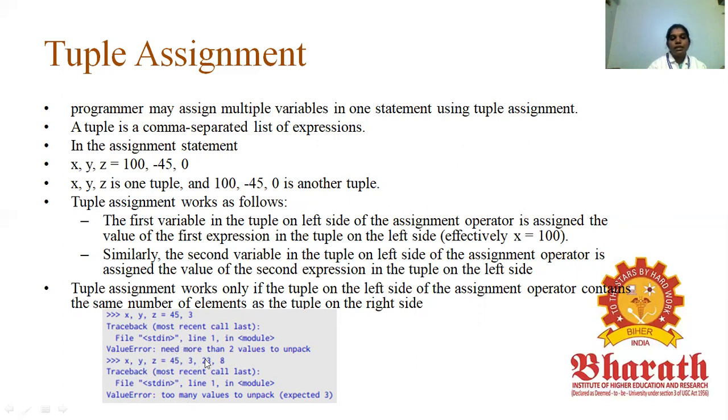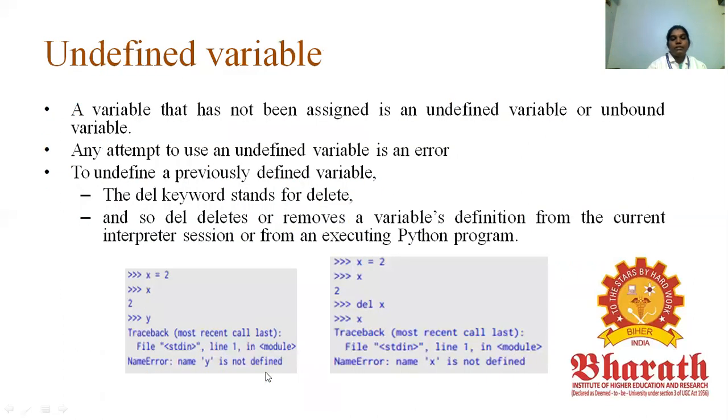Here it shows need more than two values to unpack, because it needs more than the two values given. Here, too many values: on the left side we have only three variables, on the right side we have four values. So see the error message given by the interpreter, too many values to unpack. These are all error messages generated by the Python interpreter.